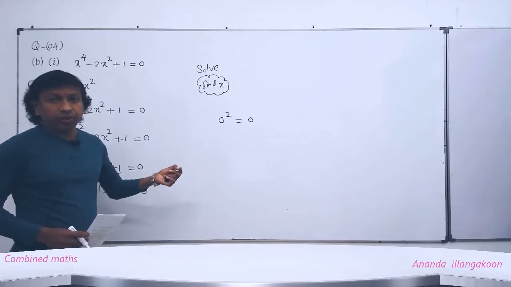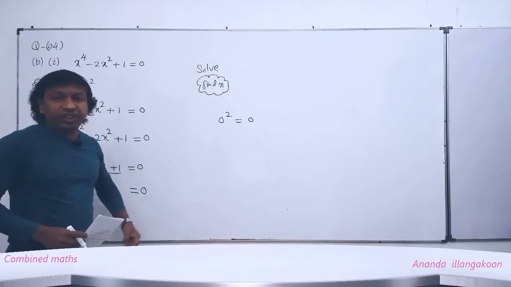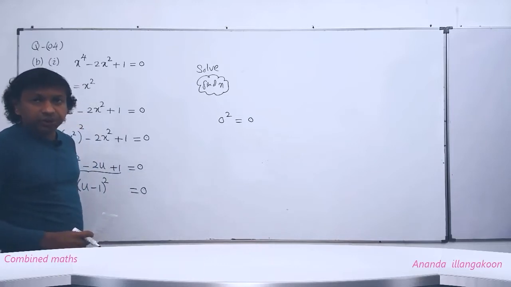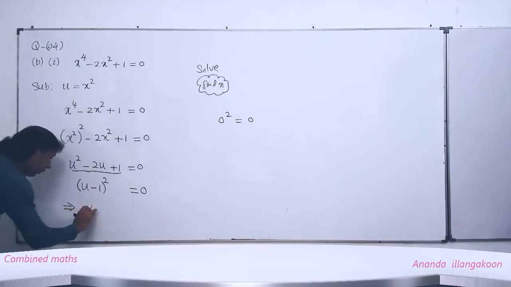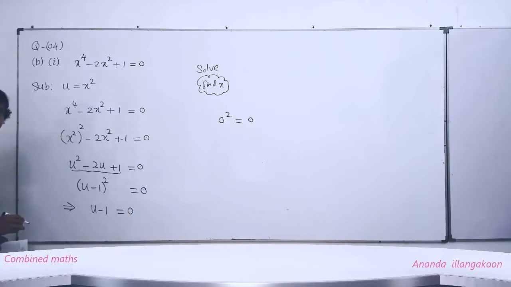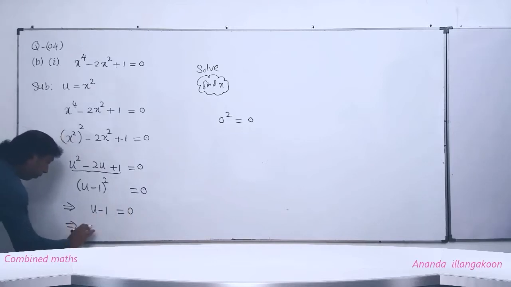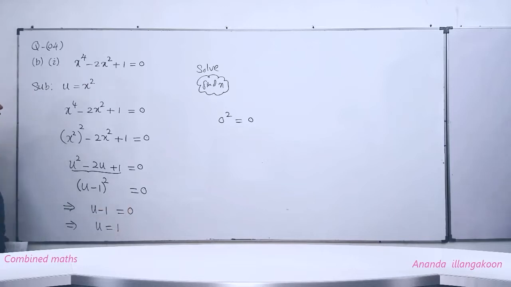If the perfect square of a real number is 0, definitely that real number should be 0. So u minus 1 equals 0, this gives us u equals 1, taking minus 1 to the right hand side.